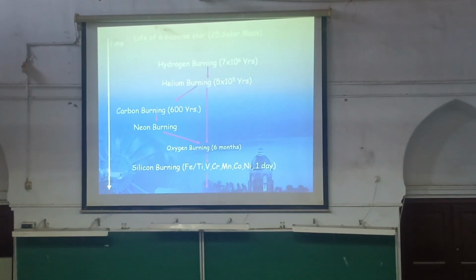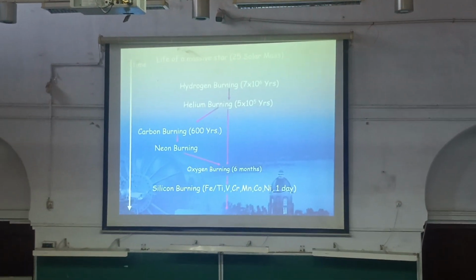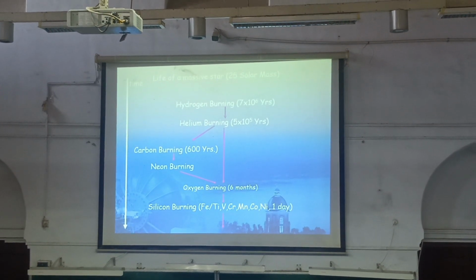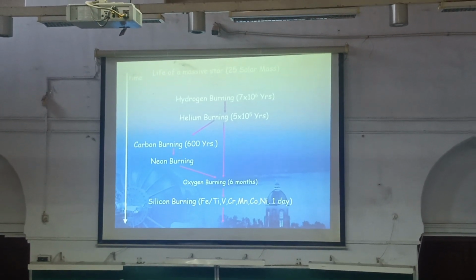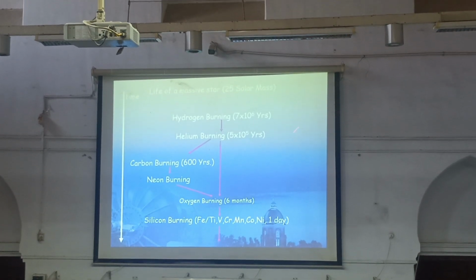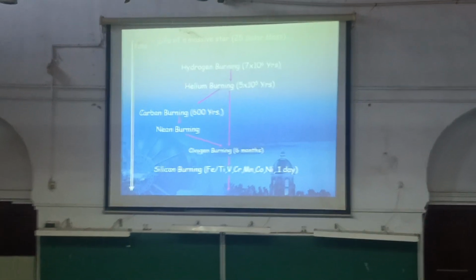So, if you have a big star, a massive star, say about 25 solar mass. So we talked about hydrogen burning, which lasts for millions of years. When it starts helium burning, that's about less than a million years.